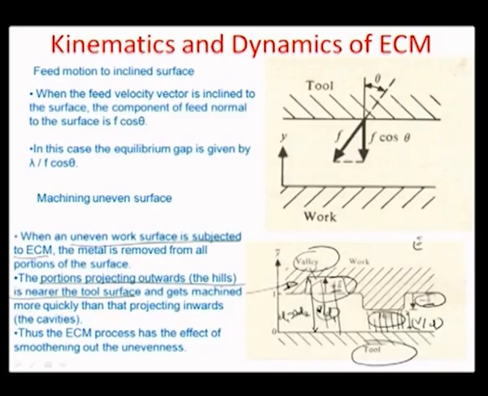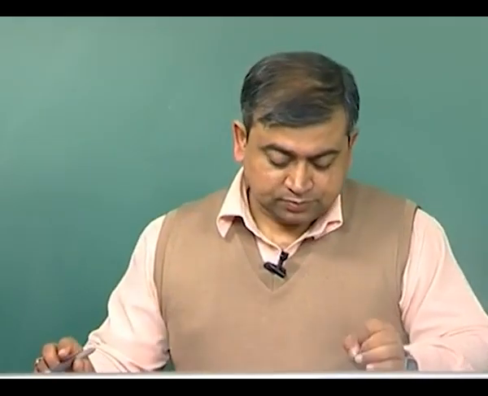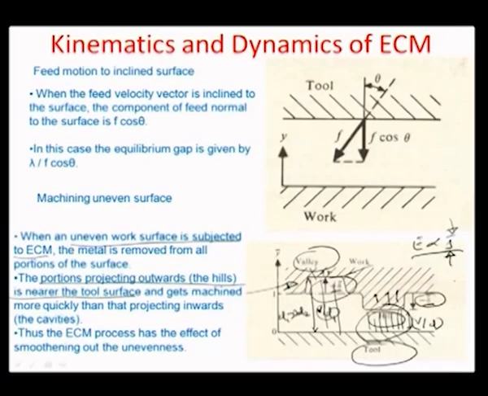And as you know, electric field and current density are directly proportional to each other, and current density is the cause of movement of ions, or machining. Therefore, current density is very high where the field is higher, and very low where the field is lower. So this portion gets dissolved away at a faster pace and this at a slower pace, eventually equilibrating on the same surface. This is the same as saying that ECM is a die sinking process, as we have mentioned many times before while introducing this topic of ECM. Therefore, the portions projecting outwards get machined more quickly, and the inward portions like cavities will not get machined that quickly, and therefore there is a smoothing out of the unevenness.